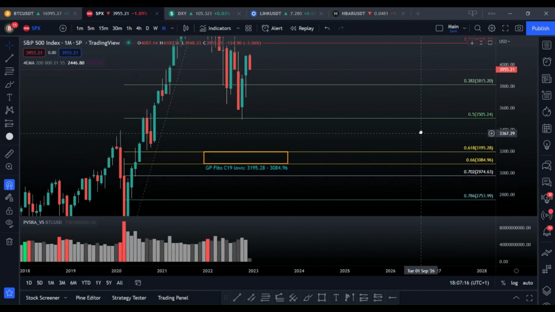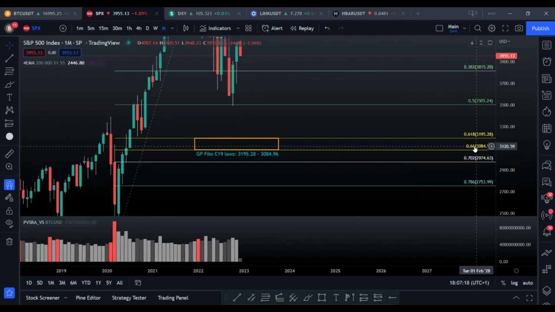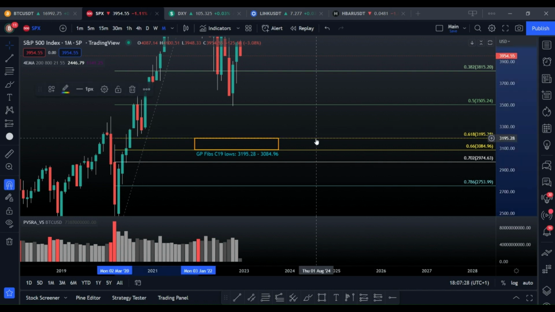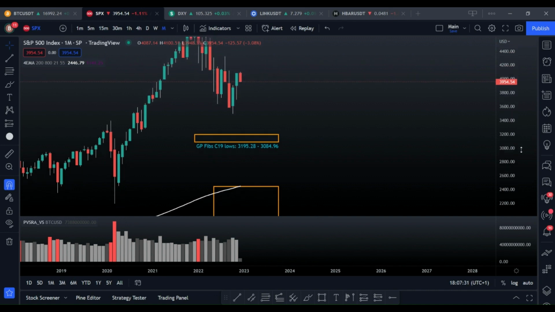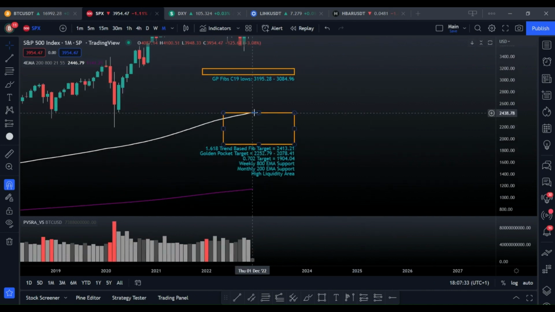Basically these Fibonacci levels right here, 0.618 and 0.66, are called the golden pocket and are either a strong support point or resistance point that needs to hold. And if it doesn't hold that level, expect price to go further down into this area right here, which we strongly believe will possibly be the bottom area for the stock market, as we got the trend-based fib target right here.